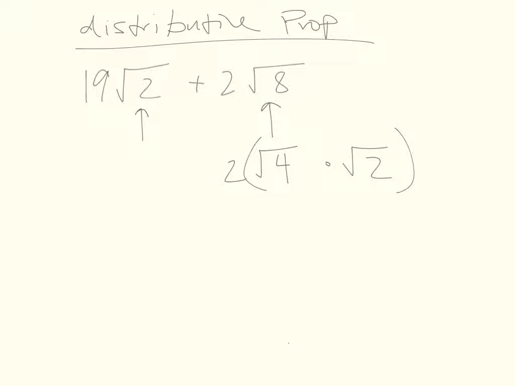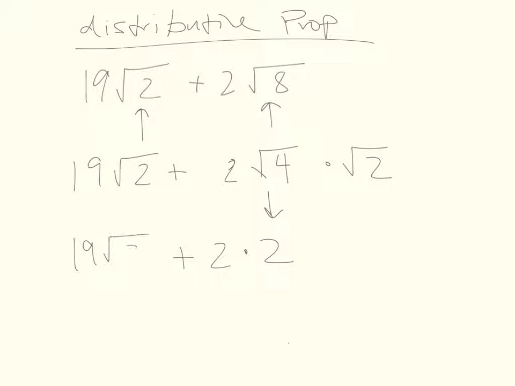So with that being said, we now still have 19 in the square root of 2. I'm just bringing that down, because that's ultimately what I'm adding. But now I do know that the square root of 4 is 2, so if I bring this down, that really is 2 times 2. And we're still adding the 19 times the square root of 2 to that. And then we still have this square root of 2 as well.